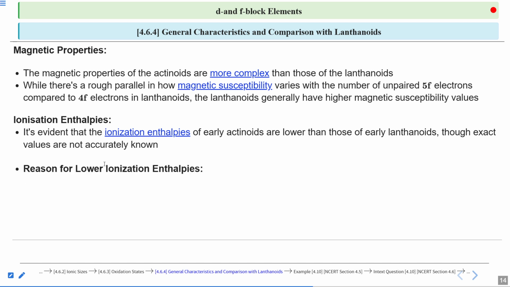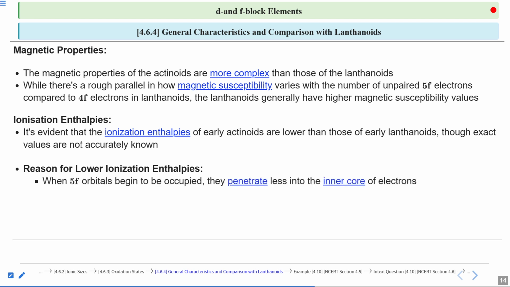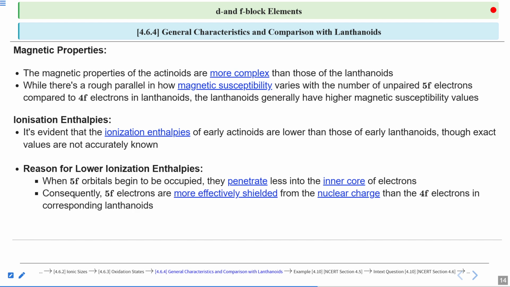What is the reason behind this lower ionization enthalpy value? When 5f orbitals begin to be occupied, they penetrate less into the inner core of the electrons. So when the 5f orbital is occupied by electrons, they are less embedded within the atom's electron cloud in the inner core. Consequently, 5f electrons are more effectively shielded from the nuclear charge than the 4f electrons in the corresponding lanthanoids.